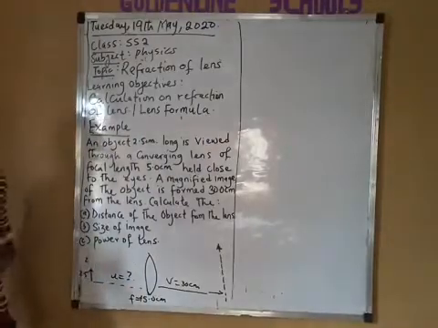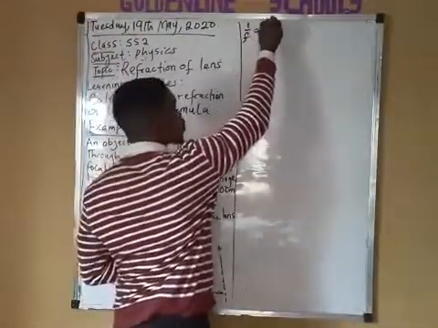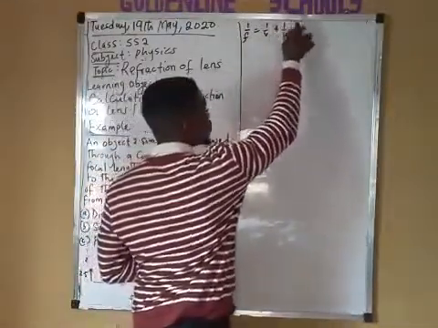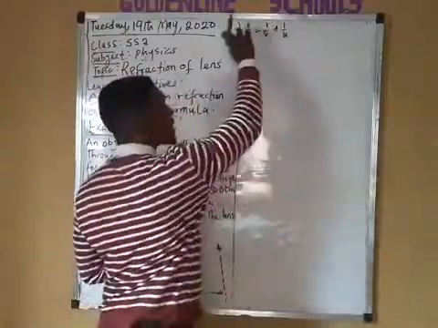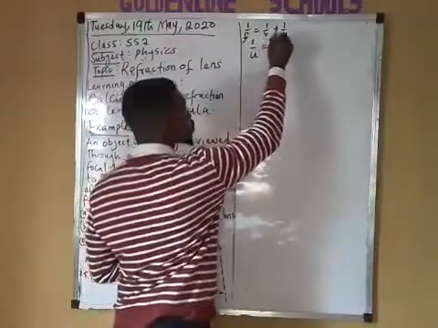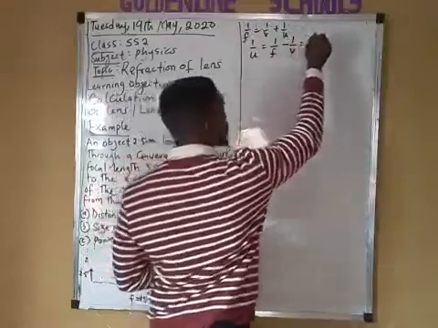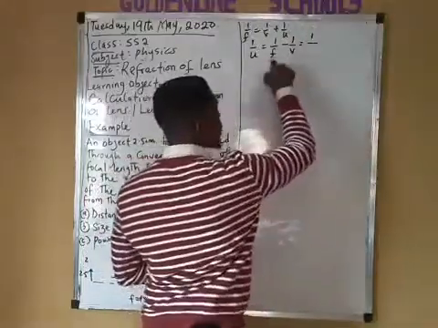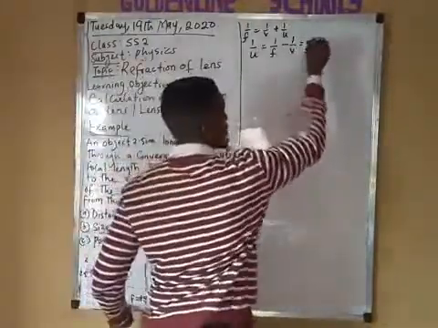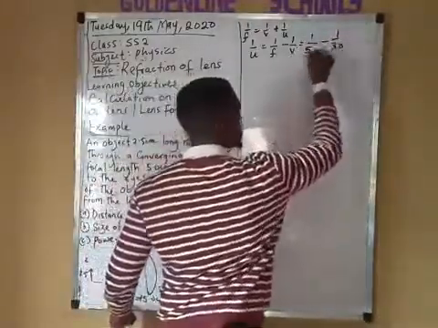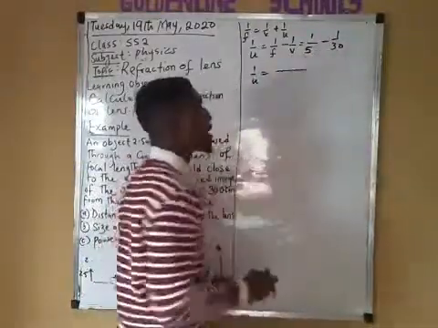To calculate your U, you use the lens formula, which is 1 over F equals 1 over V plus 1 over U. Since you are looking for U, you take this to this side, and it becomes 1 over U equals 1 over F minus 1 over V. So you have 1 over 5 minus 1 over 30.